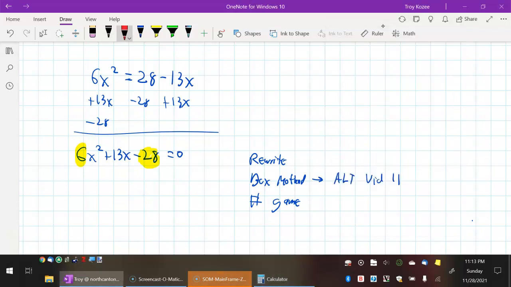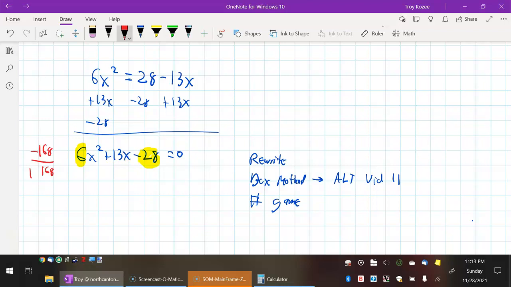So I need 2 factors of negative 168 that add up to 13. And you just kind of go through your choices one at a time. Now, because this is negative, my signs are going to be different, and it might be more helpful to think about subtracting to 13 or being 13 apart.